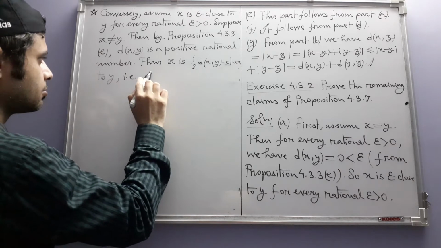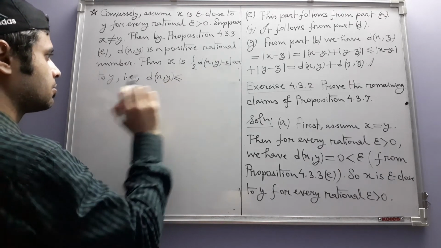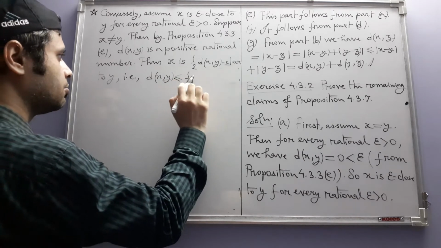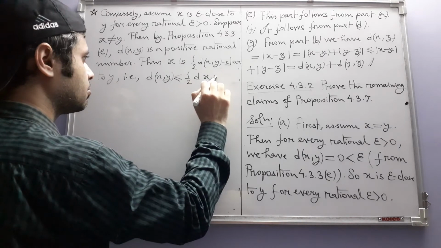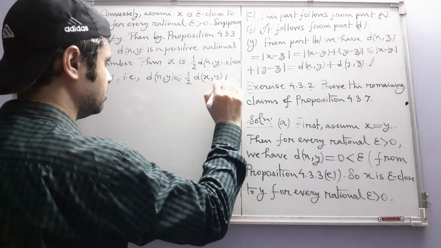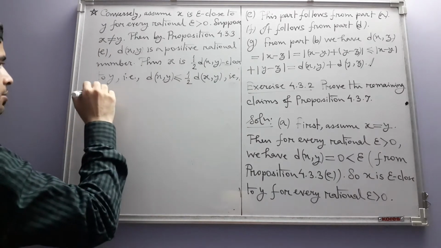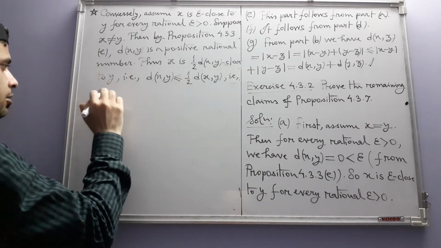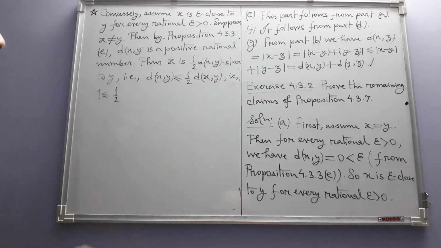That is, d of x comma y is less than or equal to 1 by 2 times d of x comma y. That is, this one implies 1 is less than or equal to 1 by 2.